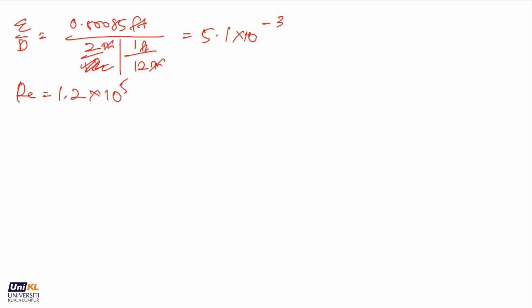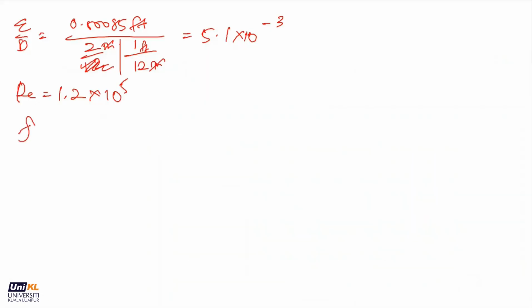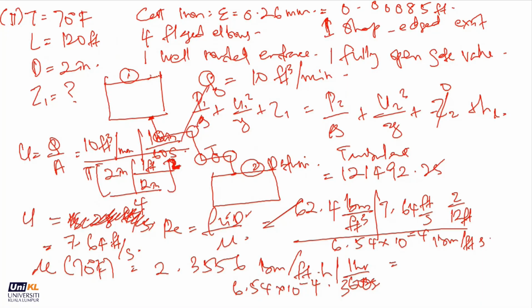Okay, so refer to the Moody diagram from before. F equals 0.029. P ATM is 0. It says very large reservoir, so refer to the equation in the question. A large reservoir means the movement is slow because the piping is small. So U is 0.